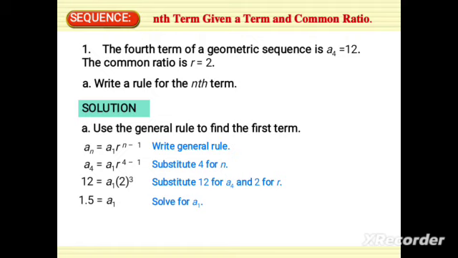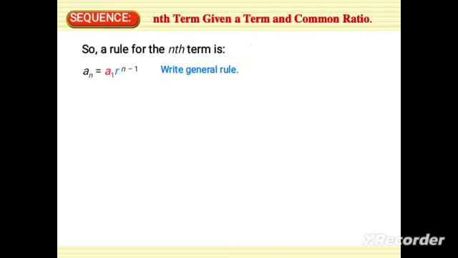Now with this, we can now substitute in the expression for the nth term so that we get the rule for the nth term regarding this question. So we have the first term to be 1.5, and then our ratio was 2, and so that will be the nth term. This is our nth term.